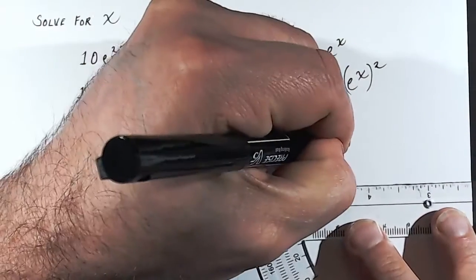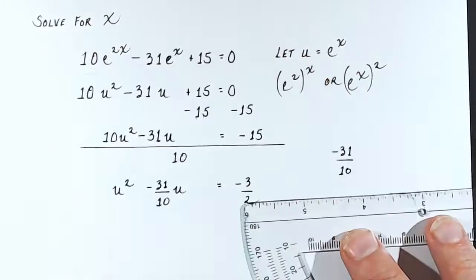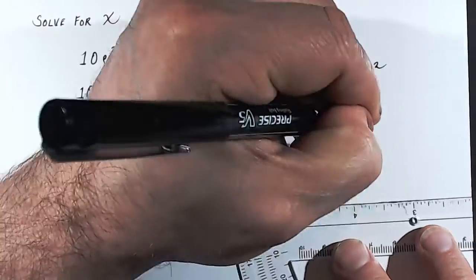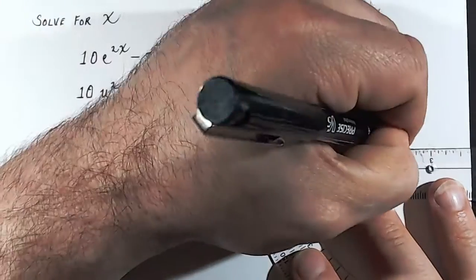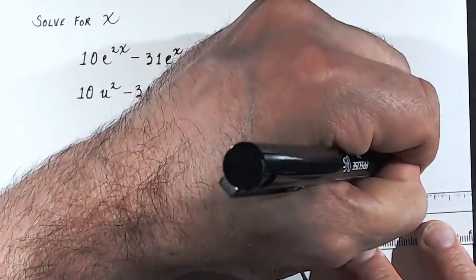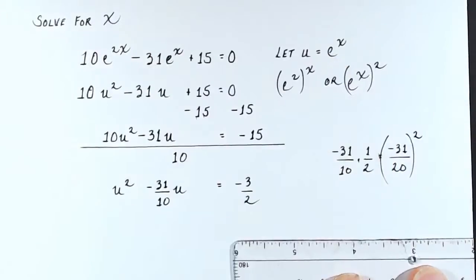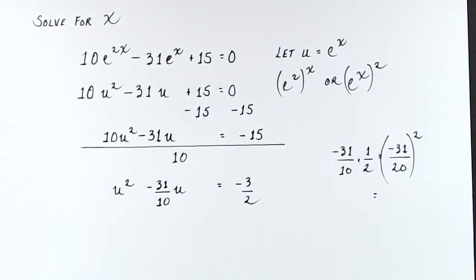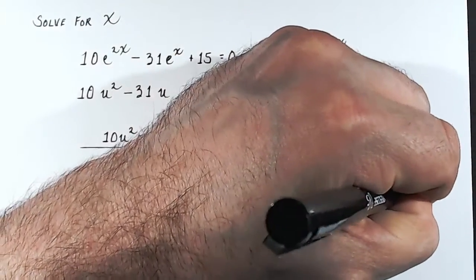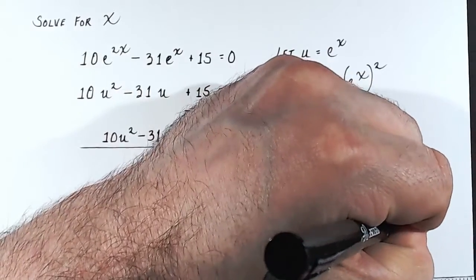I've got to take negative 31 over 10, multiply it by 1/2, and that's going to equal negative 31 over 20. And we have to square that. So that's equal to negative 31 squared over 20 squared, which is 400.